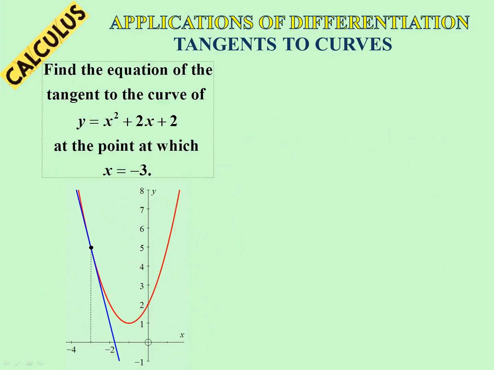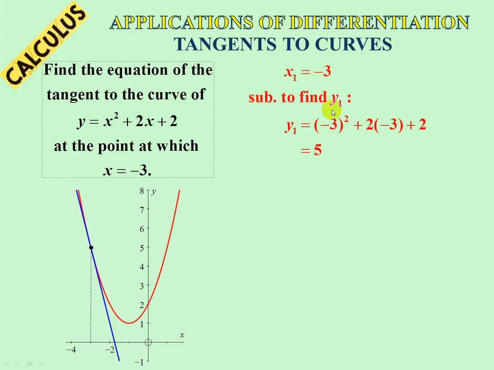Find the equation of the tangent to that curve at the point where x equals negative 3. Right, so just one step more, you're not being given the y value. So we need to find the y value. Let's do that first. Substitute negative 3 into the original and we get y equal to 5. Now we're at the same place at which we started the previous example.